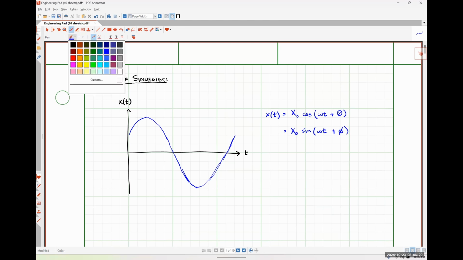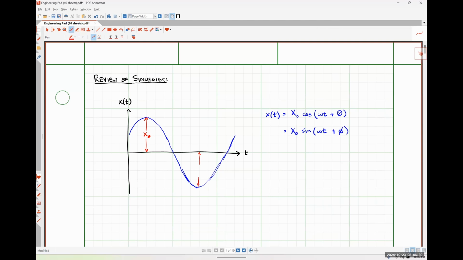So I'm going to start by defining our amplitude. I'm going to do that in red. So the distance between the horizontal axis and the peak value of our sinusoid and the distance between the horizontal axis and the negative peak value of our sinusoid is what's known as the amplitude, okay? And so this is a representation of the signal's intensity.